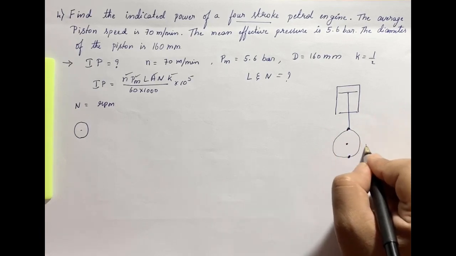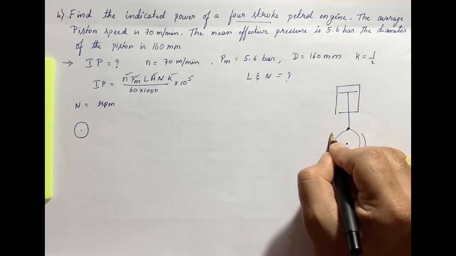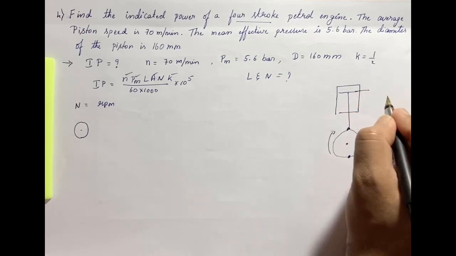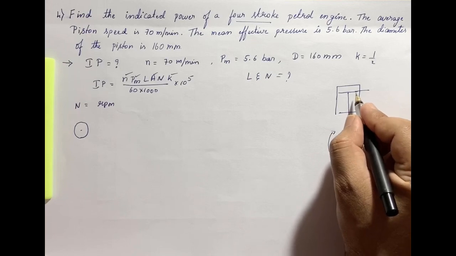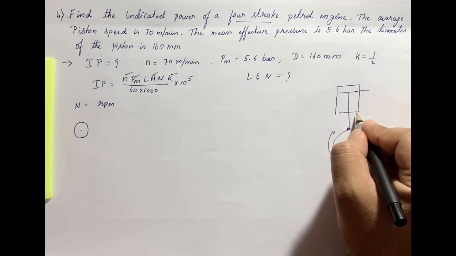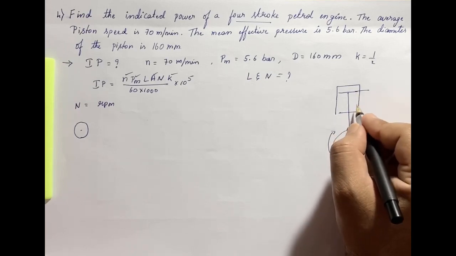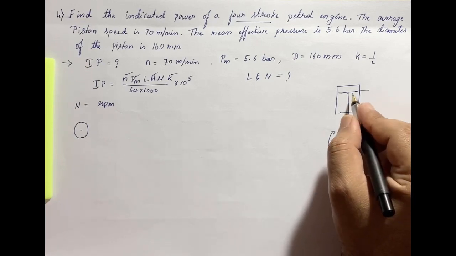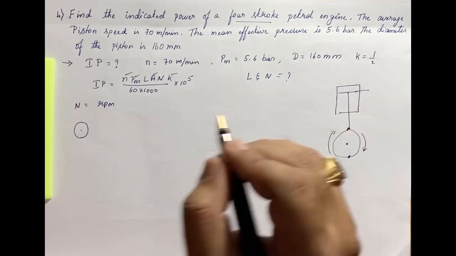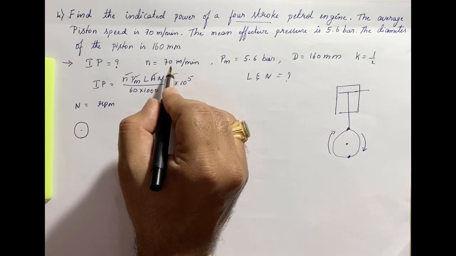And again the piston moves to the top dead center. So to complete one rotation, the piston has to move from top to bottom and bottom to top. That means to complete one rotation of the crankshaft, the piston has to move twice. That is what the piston speed is.